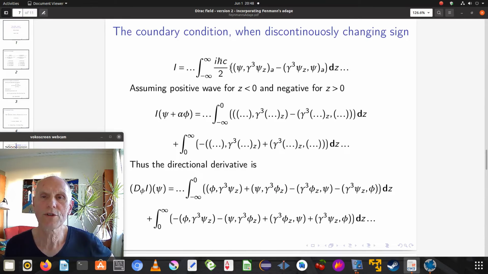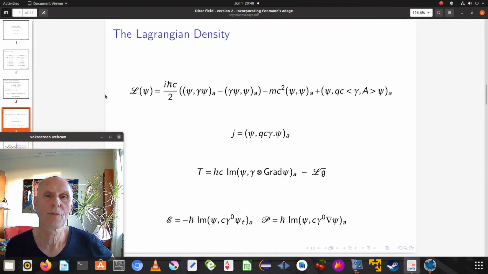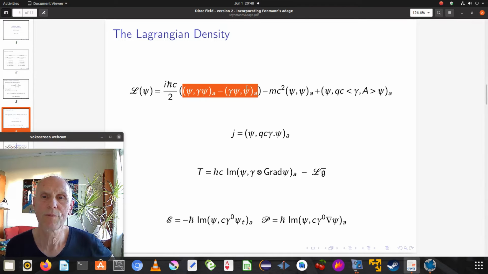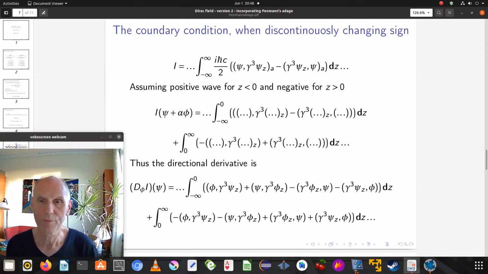This is the only interesting part, which comes from this. We split up the integration from minus infinity to naught and naught to infinity. Instead of psi, we must write this, which I have just put 3 dots for.